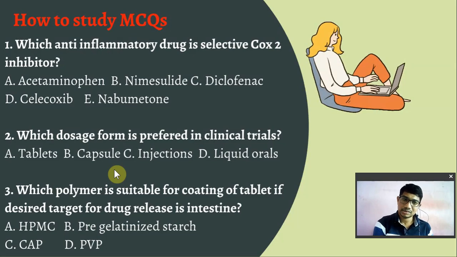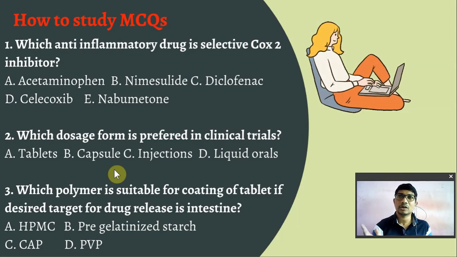So cellulose acetate phthalate is used to coat the tablet if enteric coating is desired. Enteric coating means the tablet will bypass the stomach and will not break in the stomach. It will release the drug in the intestine.